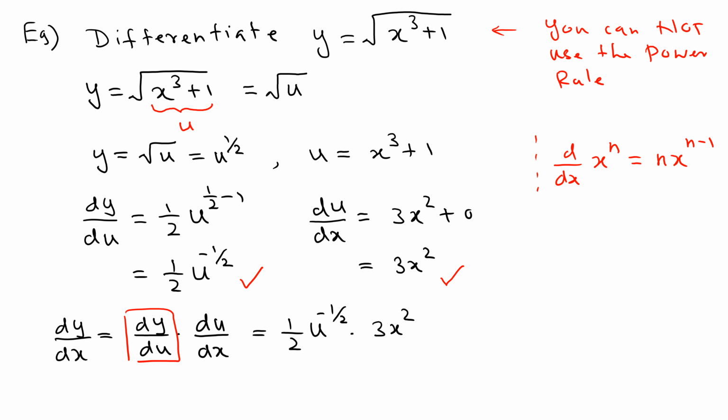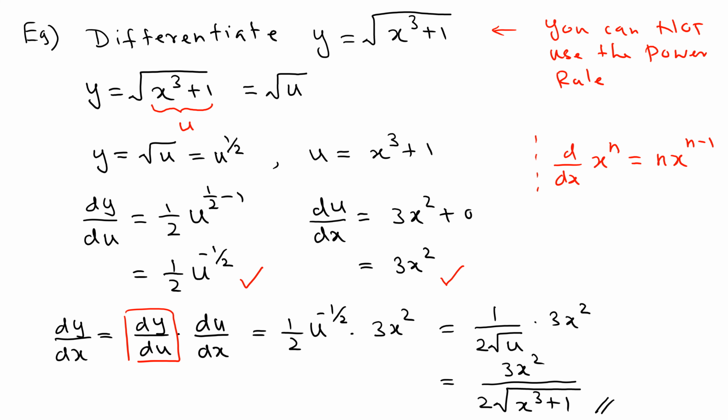But we are not going to leave it like that, because there's a u in there, and you have to write the final answer only in terms of x. We can rewrite this as 3x squared over 2 times square root of u, and plug in u equal x cubed plus 1. So the final answer is 3x squared divided by 2 times the square root of x cubed plus 1.